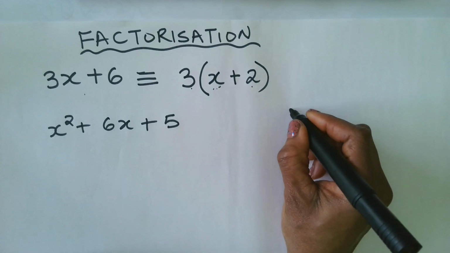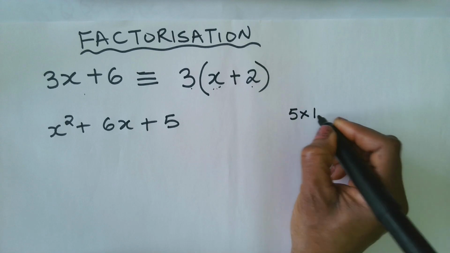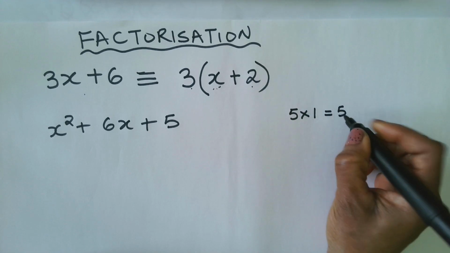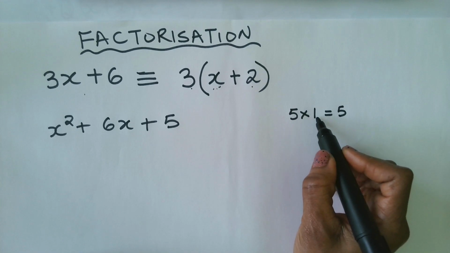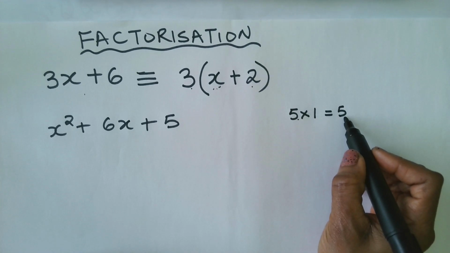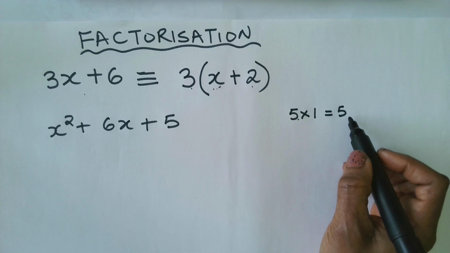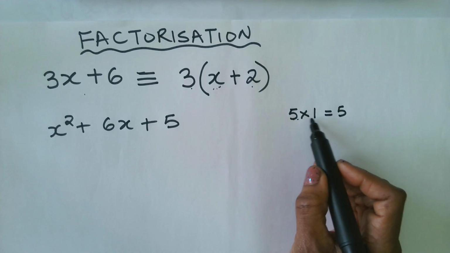So 5 times 1 is 5. These are the two numbers that when you multiply will give you 5.